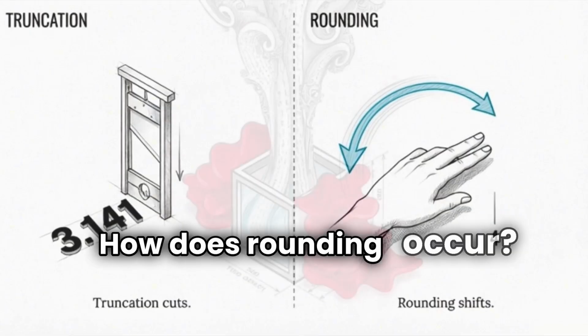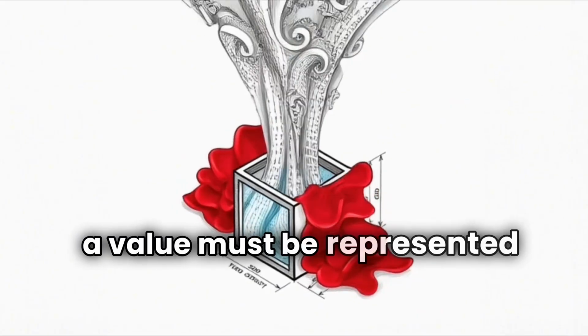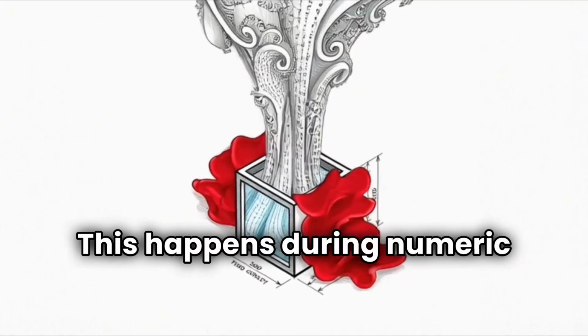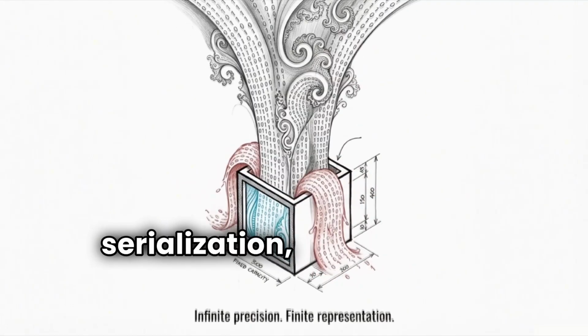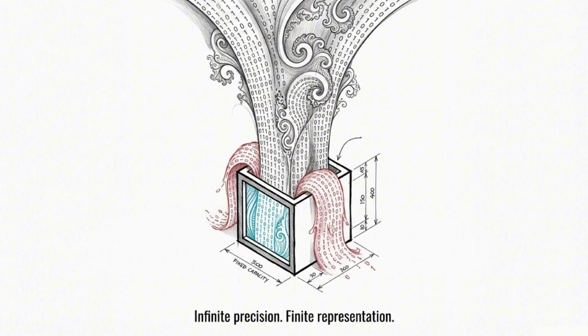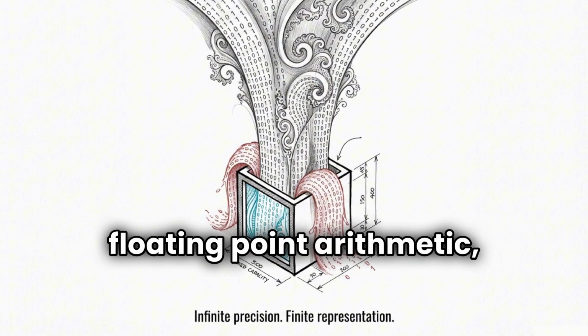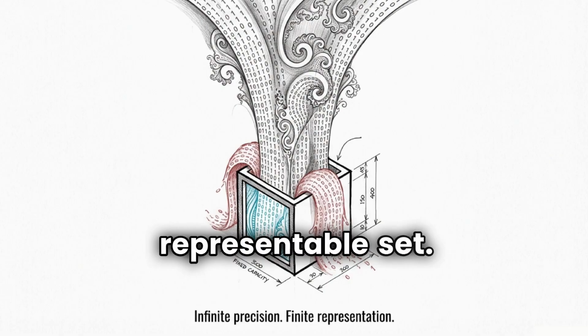How does rounding occur? Rounding appears whenever a value must be represented with limited precision. This happens during numeric formatting, type conversion, aggregation, serialization, and storage. It also occurs implicitly in floating-point arithmetic, where results must be mapped back into a finite representable set.